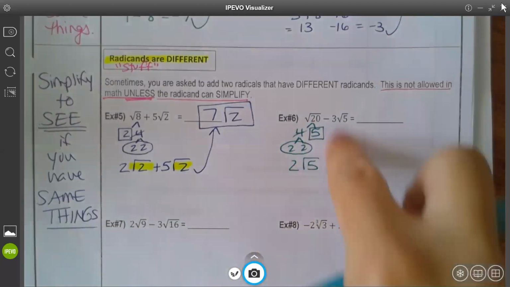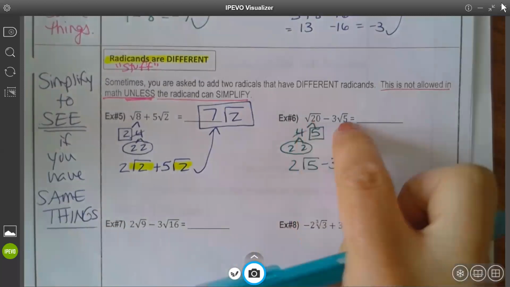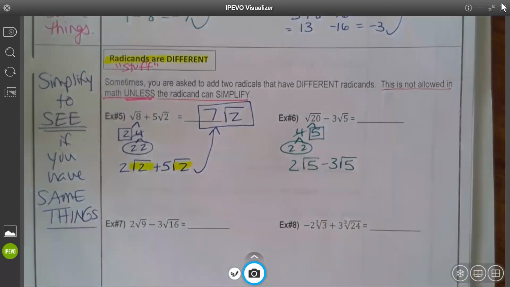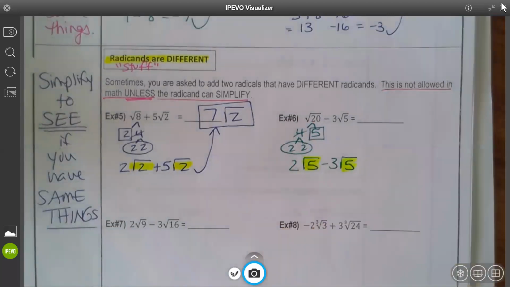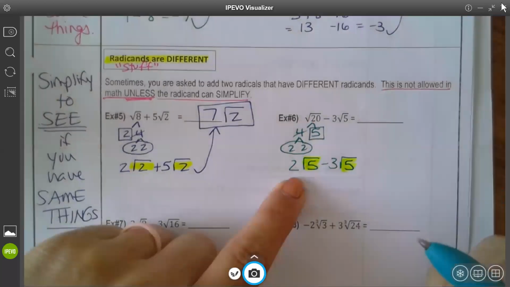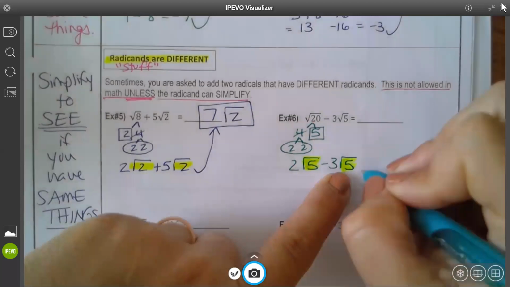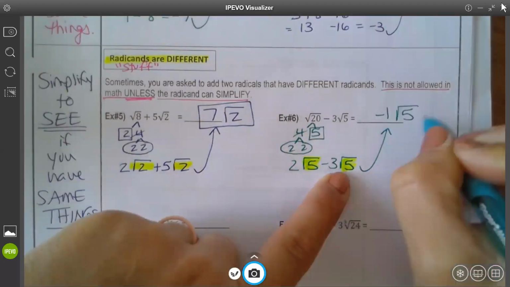And then I can take the second part and move it down. So square root of 20 and square root of 5, again, was a no-go, but now that I have simplified, now it's a square root of 5 and a square root of 5, which is perfect. If you have 2 square roots of 5 and you subtract 3 square roots of 5, then that means that you have -1 square roots of 5.